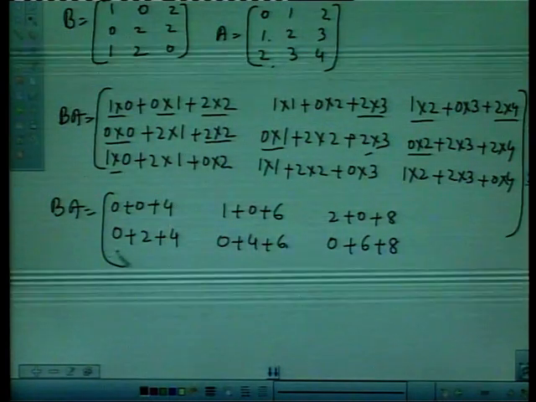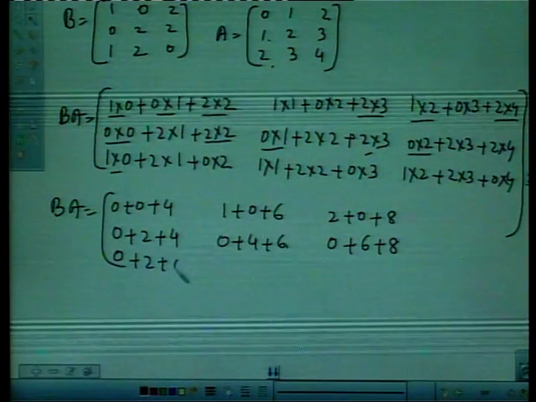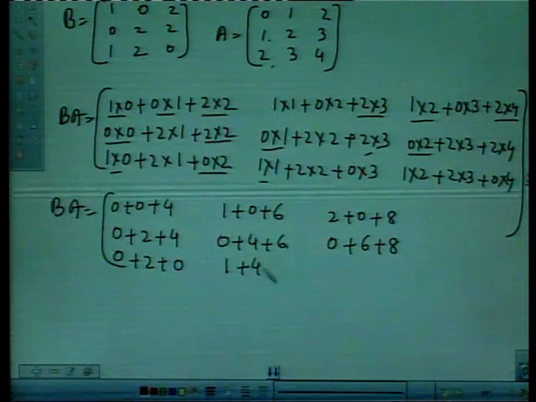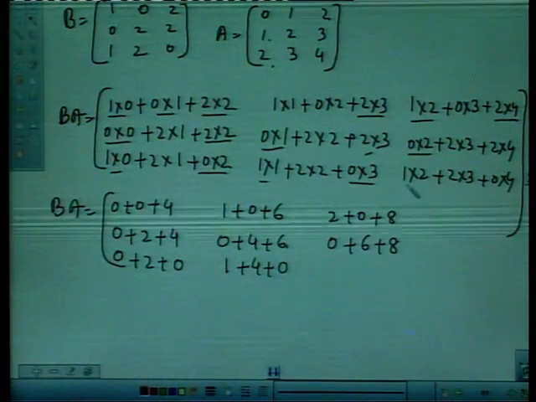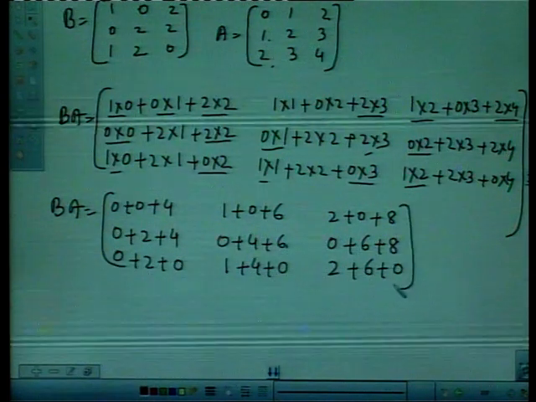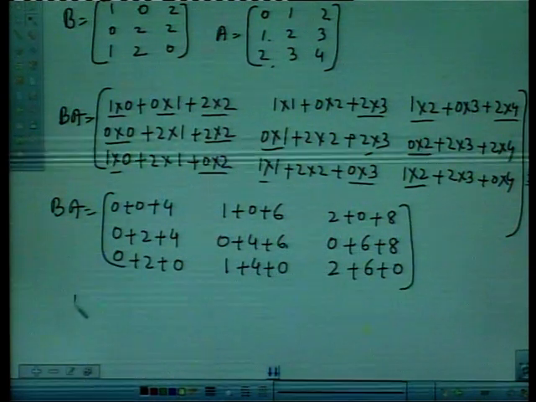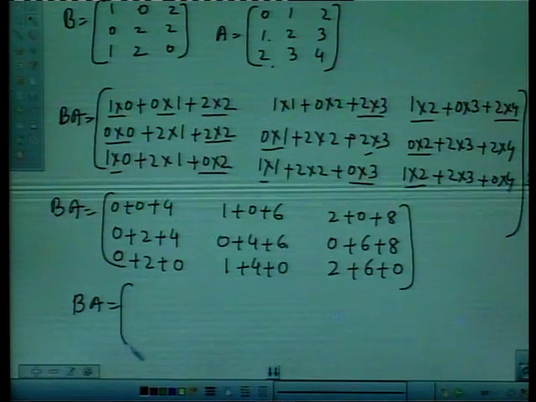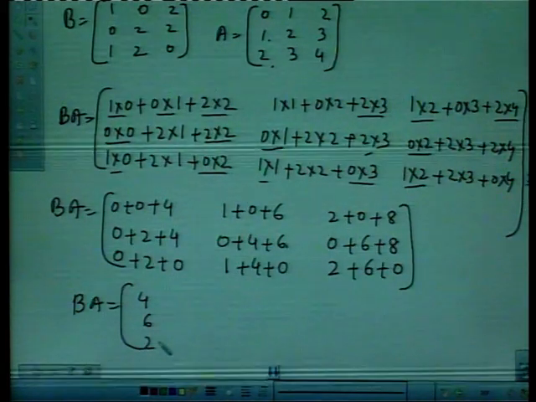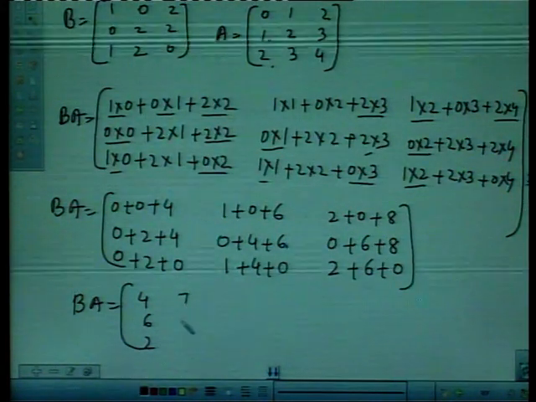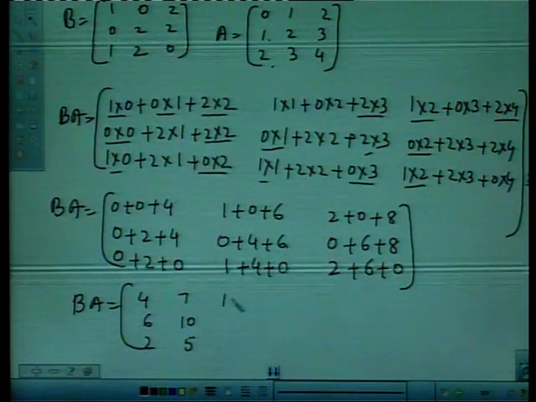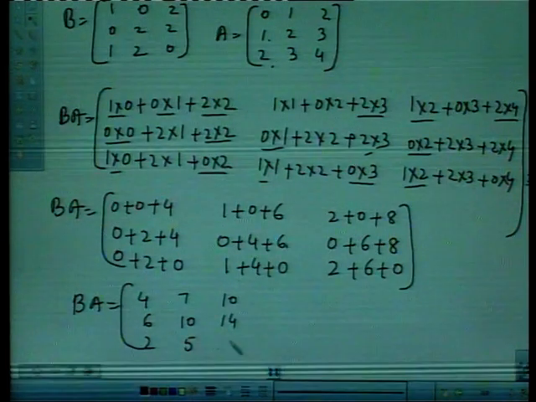This is 0, 2 and 0. This is 1 4 and 0. This is 2 6 and 0. Then the product will be equal to 4 6 2, 7 10 and 5 10 14 and 8.